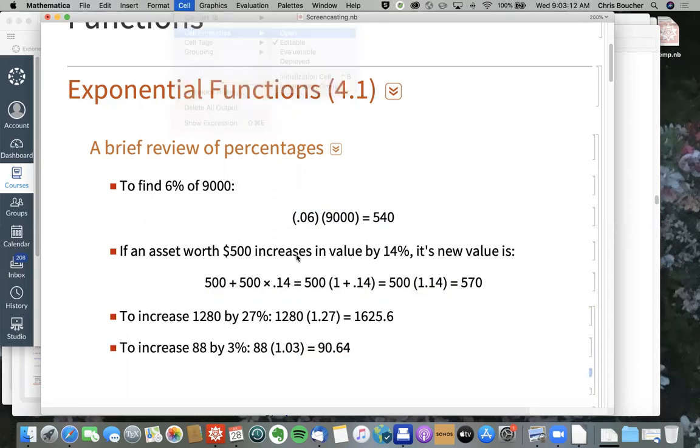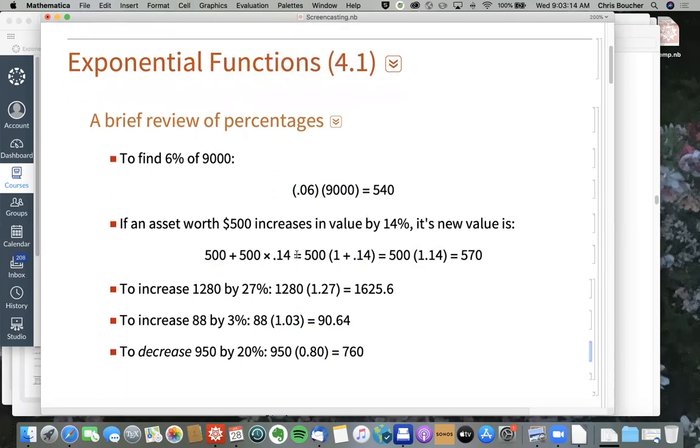Another example, if I want to decrease a number, so this is a little different. What happens if 950 goes down by 20%? Well, if you go back up to this expression here and think about what would happen, instead of adding the change here, you'd be subtracting it. So this plus would be a minus sign. And what I want to do to get this factor is subtract the percent change from 1.